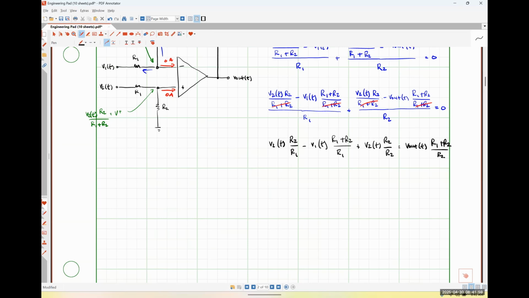is multiply through by the reciprocal of that R1 plus R2 over R2, right? So let me come over here so that we can just do the algebra out. So I would have V out is equal to V2 times R2 over R1 multiplied by R2 over R1 plus R2.